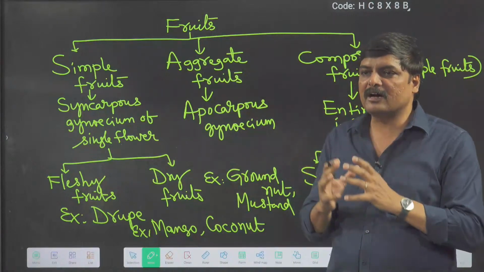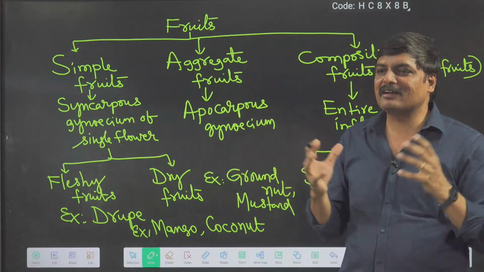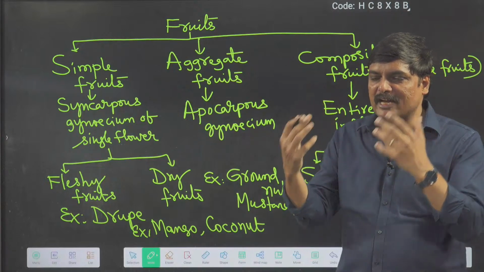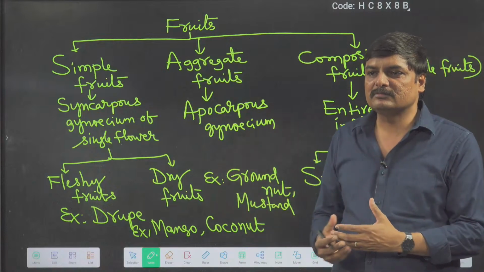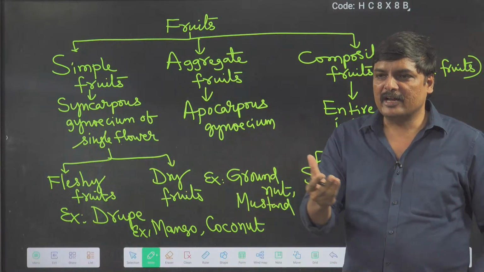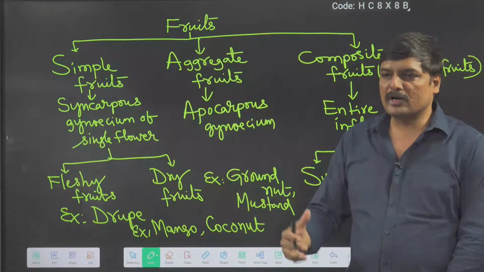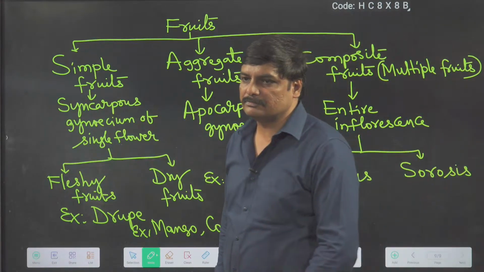What is the pericarp? In fleshy fruits, how many layers are there? What is epicarp? What is mesocarp? What is endocarp? In which fruit, which part is edible? For example, in mango, the edible part is the fleshy mesocarp. In coconut, it is the endosperm. Like that, it may vary from fruit to fruit.